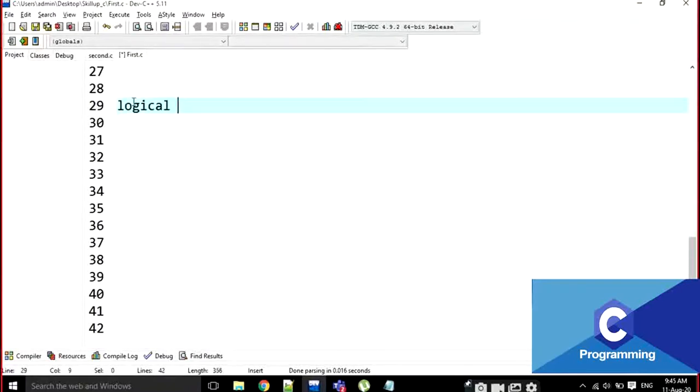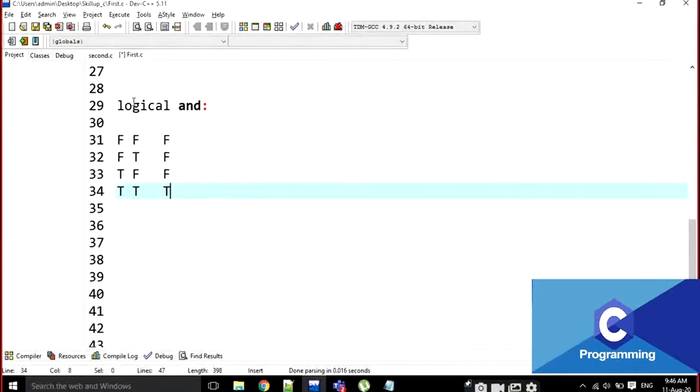Logical and: true and false is going to be false. False and true is going to be false. False and false is false. True and true is going to be true here.